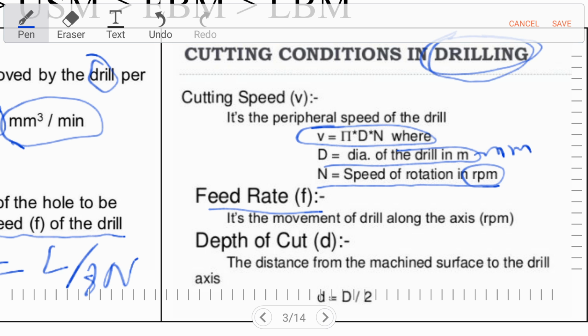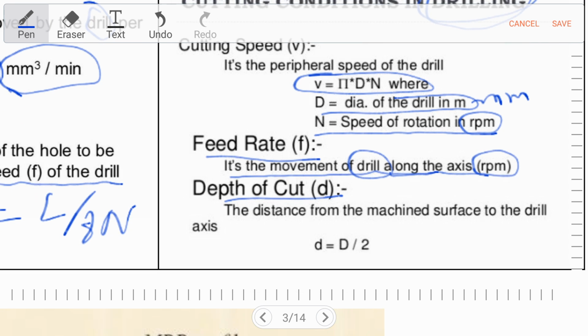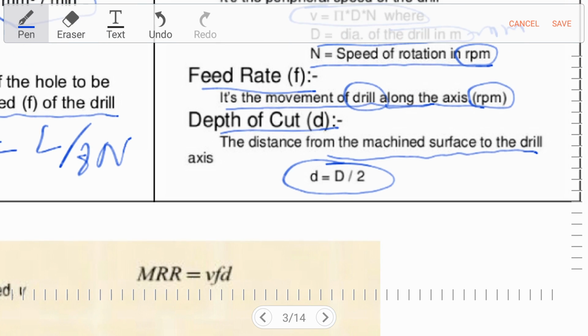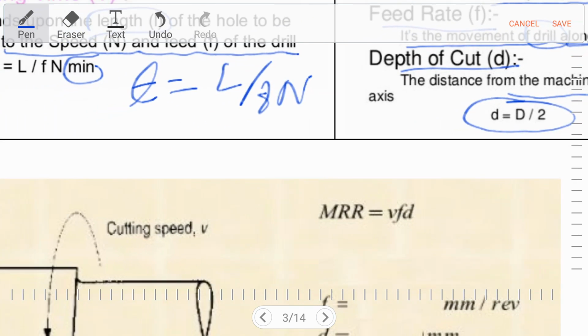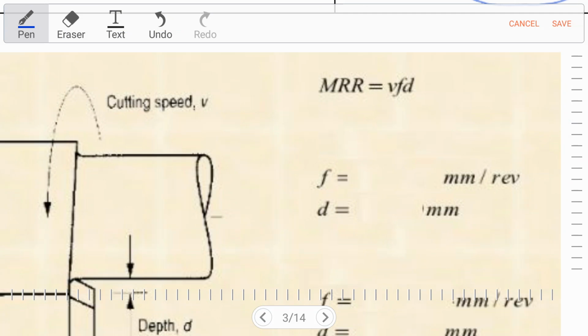Feed rate F is the movement of the drill along the axis per revolution. Depth of cut d is the distance from the machined surface to the drill axis. d is equal to D by 2. So we have to remember all these equations from the exam point of view.